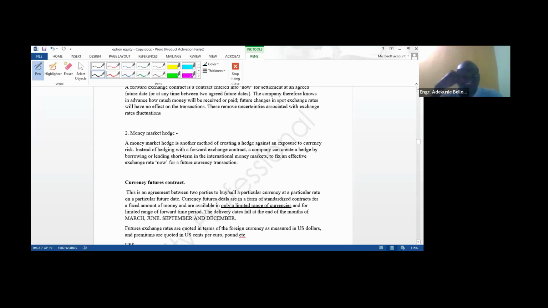Alternatively, if you are expecting inflows in foreign currency at a future period, that foreign inflow to you is an asset to the business.